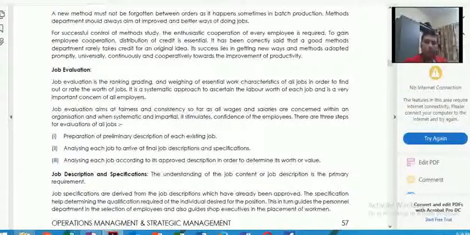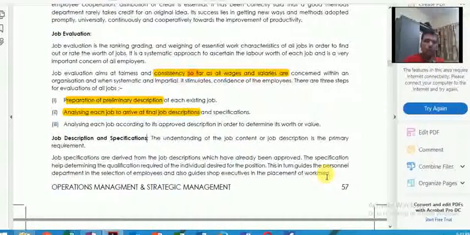If you see, whatever I have told you regarding job evaluation, not only this is involved in job evaluation, but job evaluation also involves the study of wage structure. What do you mean by study of wage structure actually? I will tell you with a simple example. In any organization, there are different works carried out by different persons.